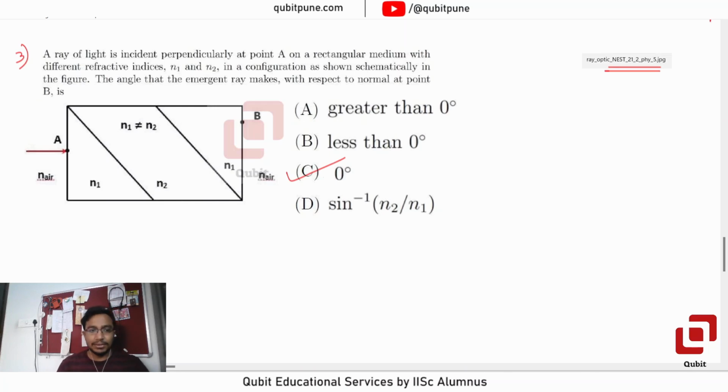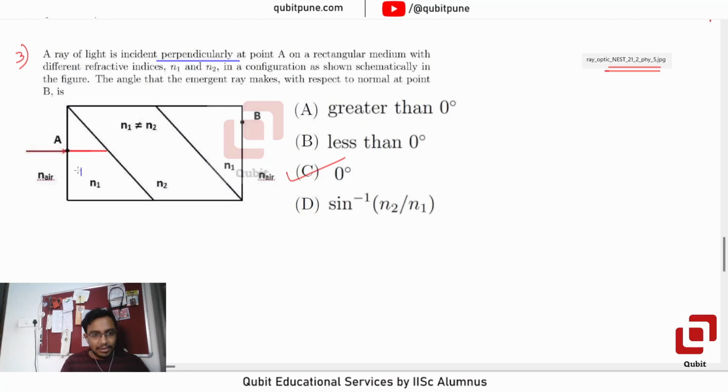Because it is incident on the left face normally, or perpendicularly, there will not be any change in its direction, which means the ray is going to pass through the first triangular part without any deflection. So it will reach and be incident on this face. Have you understood this?